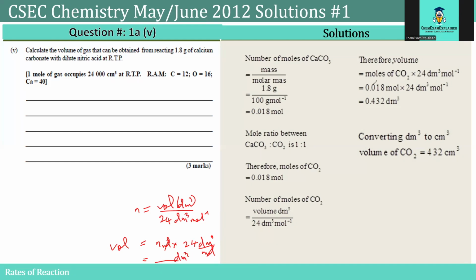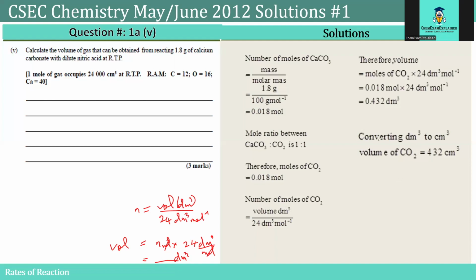So what we're doing now is plugging in the value for the moles of carbon dioxide, which was 0.018 mole, and we put in the volume for 1 mole of gas at RTP, which is 24 dm cubed per mole. When we multiply that, we get 0.432 dm cubed. Again, you could work your values in cm cube and then convert at the end.